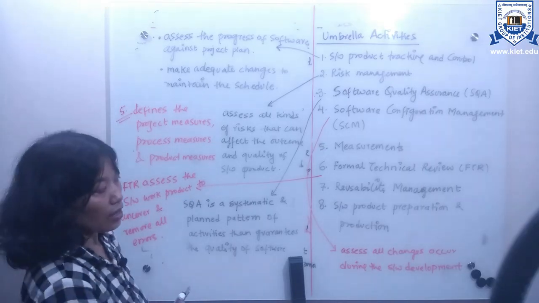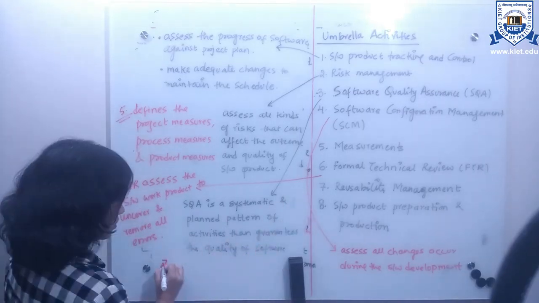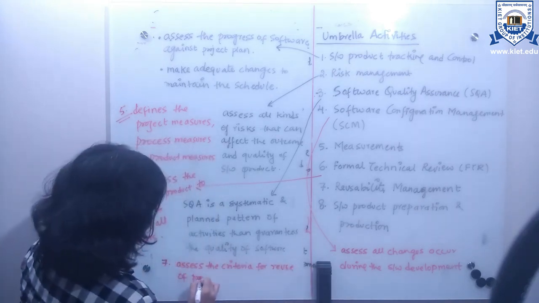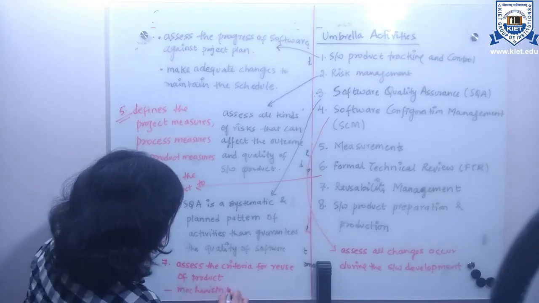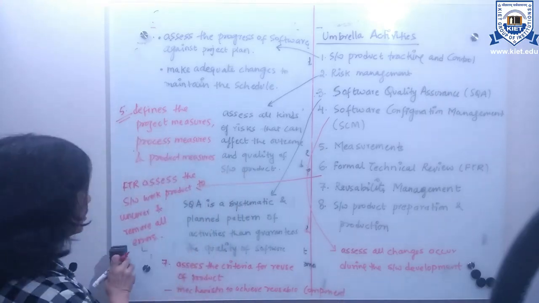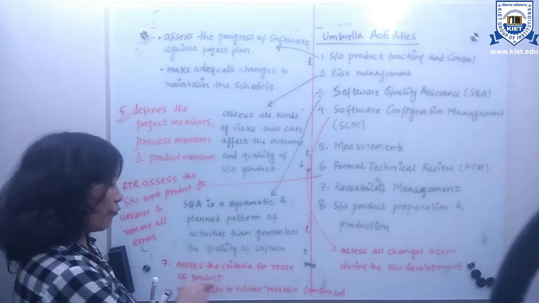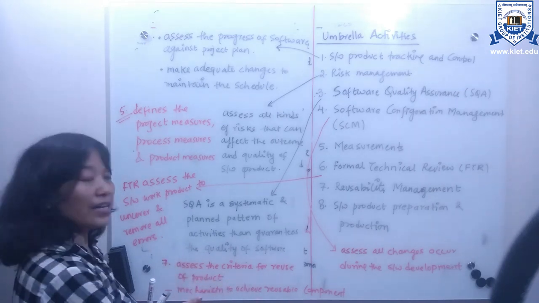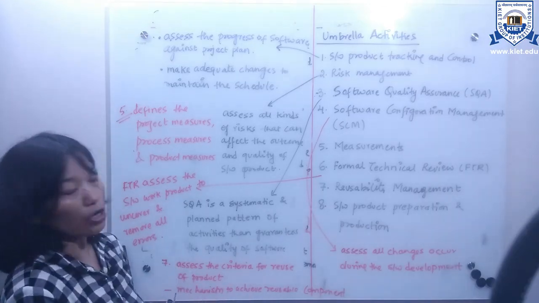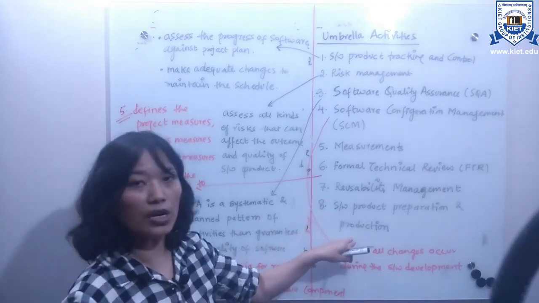The seventh activity is reusability management. Under reusability management, it assesses the criteria for reuse of the product and finds out the mechanism to achieve the reusable component. And the last activity is software product preparation and production.